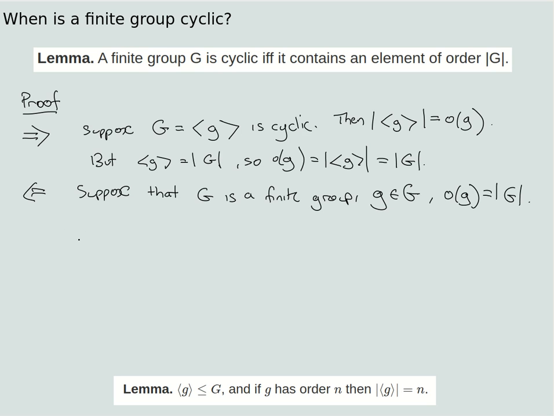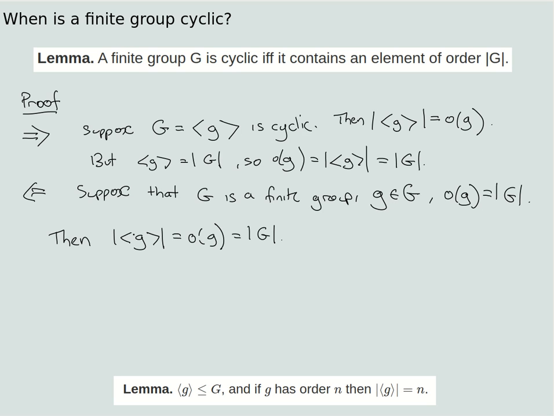Again, all we have to do is look at the size of the cyclic subgroup generated by little g. The size of the cyclic subgroup generated by little g is equal to the order of g. That's what the lemma that I copied at the bottom says. And by assumption, that's the size of the whole group.